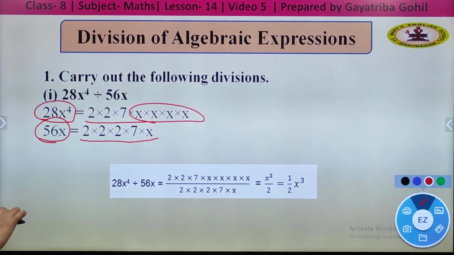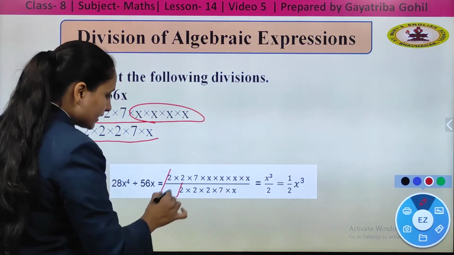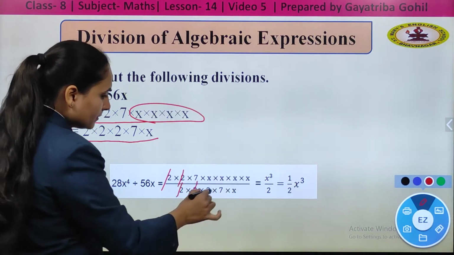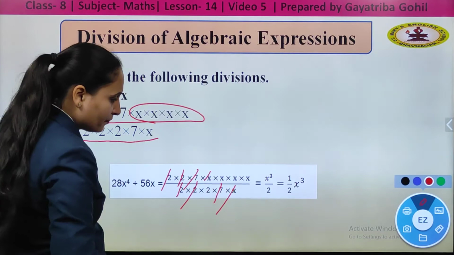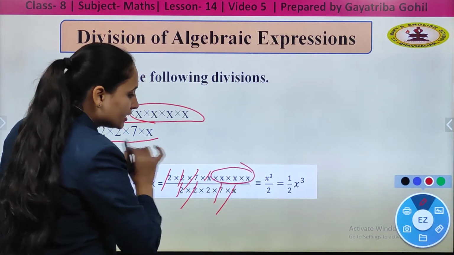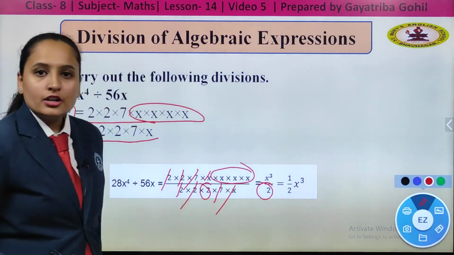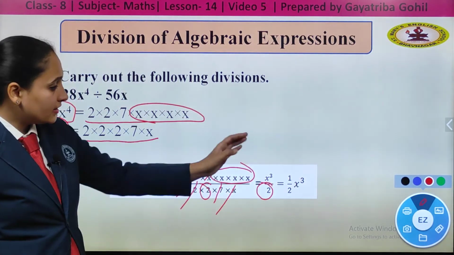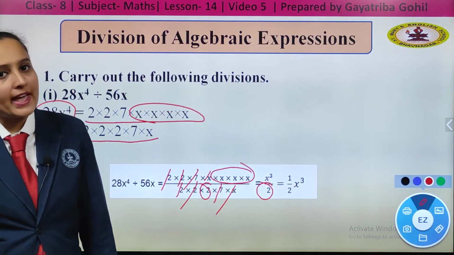Now when you put it in the form of division, 2 and 2 will get cancelled, again 2 and 2 will get cancelled, 7 and 7 will get cancelled, x and x will get cancelled. So on top, in the numerator we have x cube, in the denominator we have 2. Therefore we can write it as x cube divided by 2, or even as 1 by 2 x cube.